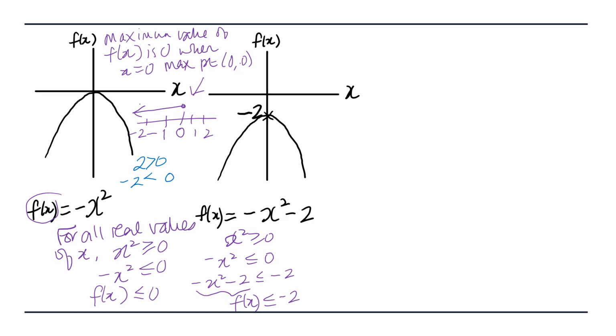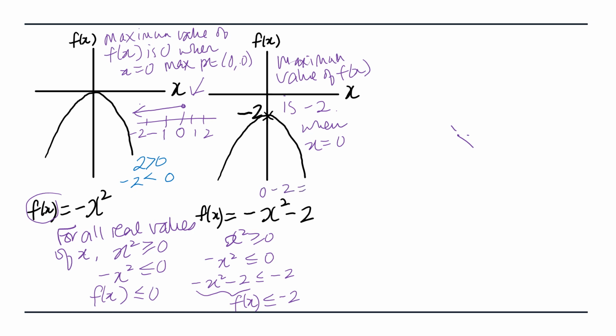So therefore, the maximum value of f(x) is negative 2, right? I'm going to write it here. And in this case, what do you think will be the corresponding value of x? When x is 0, yes. So to get negative 2, I need 0 minus 2, right?